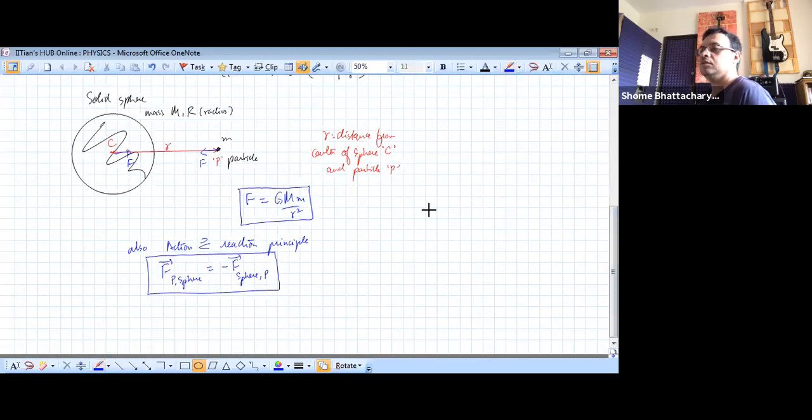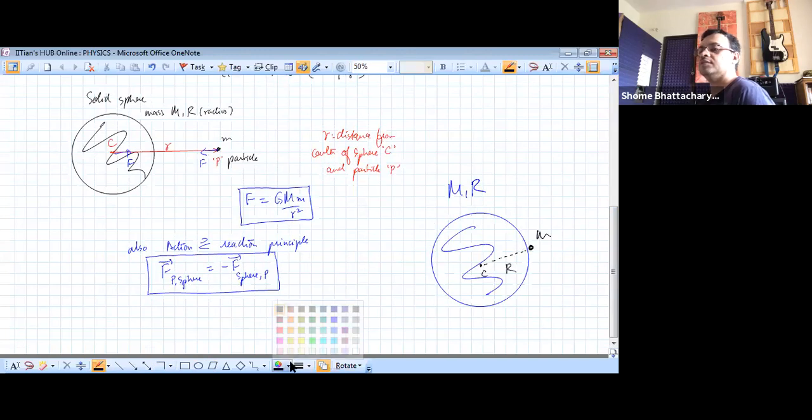So for example, you have a solid sphere of mass M and radius R, and you have a particle on the surface of the sphere. Then the distance from the center becomes equal to capital R. So you have the same formula of force, but now capital R replaces small r.